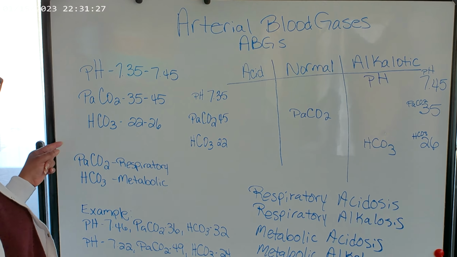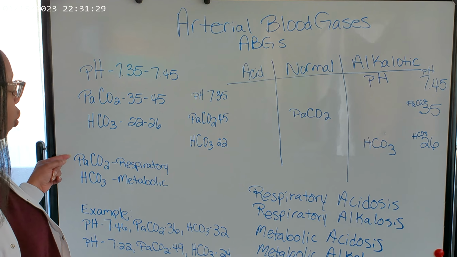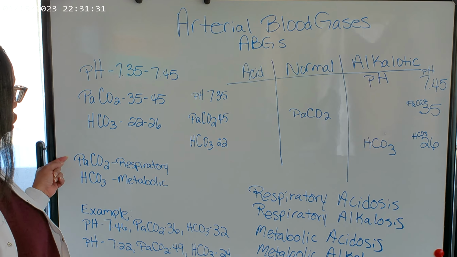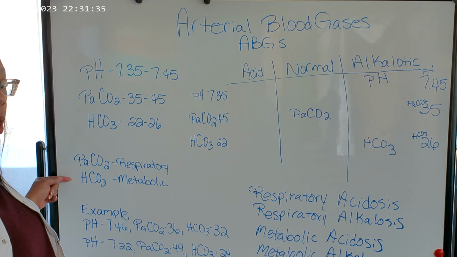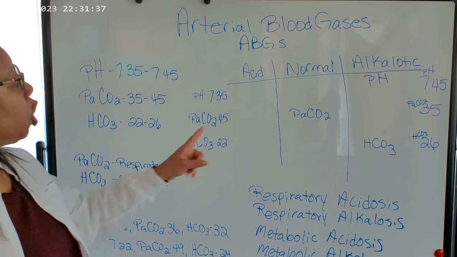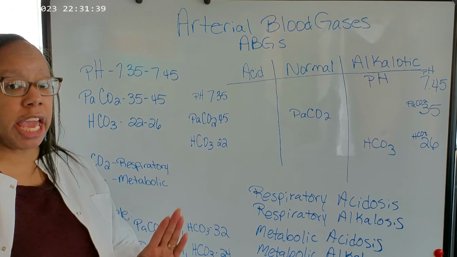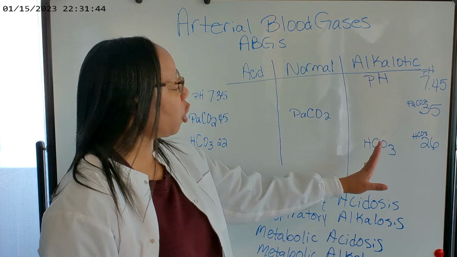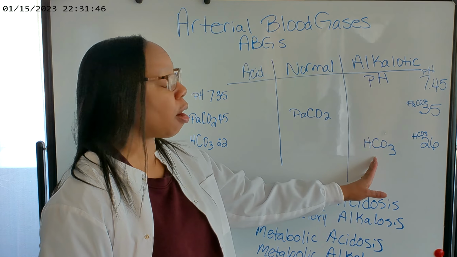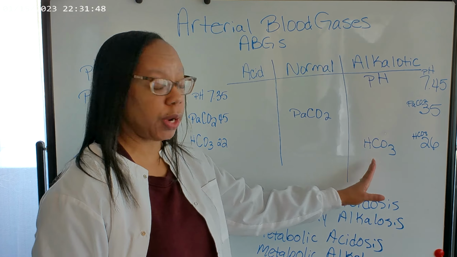Remember we said if the issue is with the CO2, it's going to be a respiratory issue. If the issue is with the HCO3 or the bicarb, it's going to be a metabolic issue. The one that matches our pH is the one we have the issue with. The one that is currently matching our pH is our bicarbonate, our HCO3.